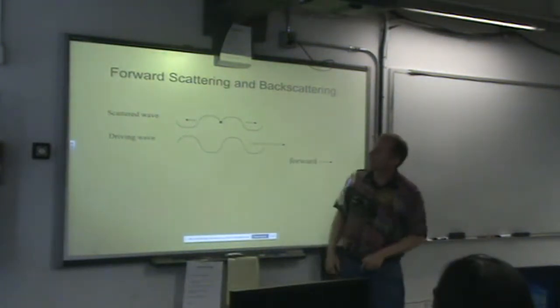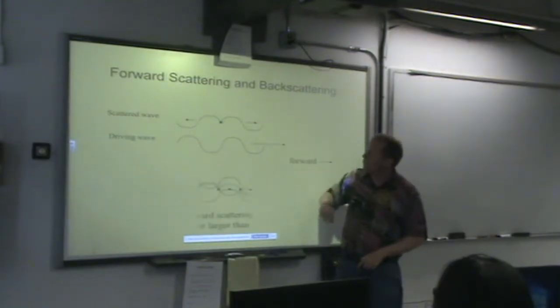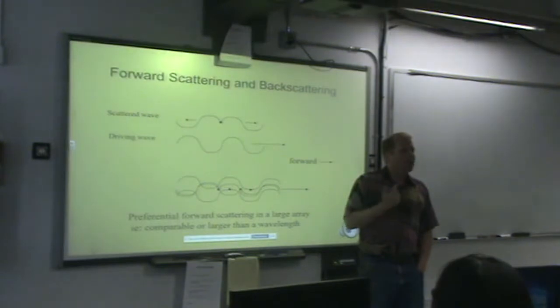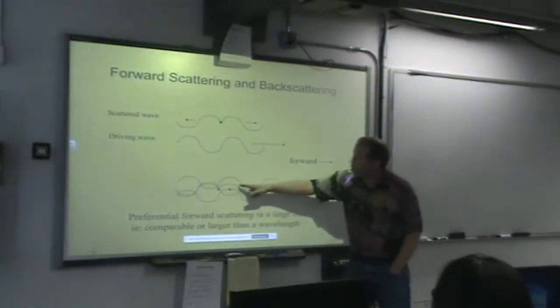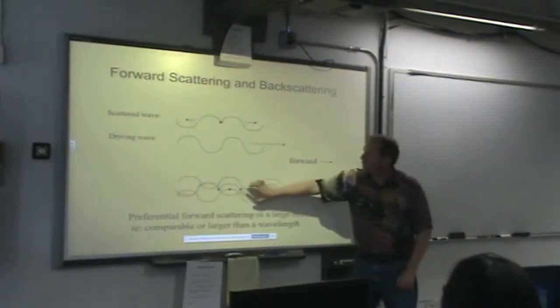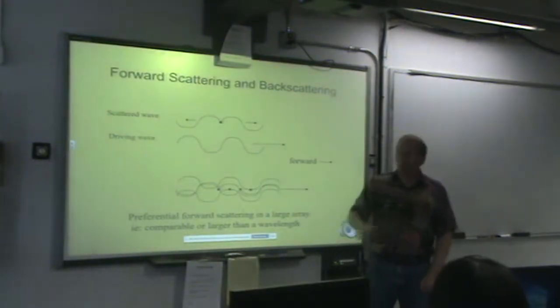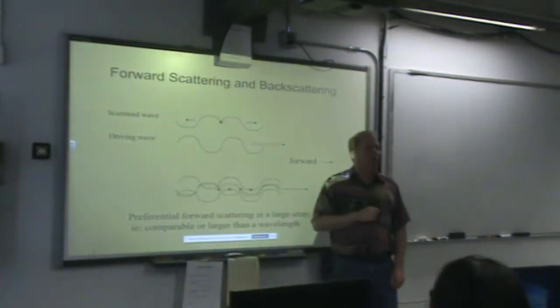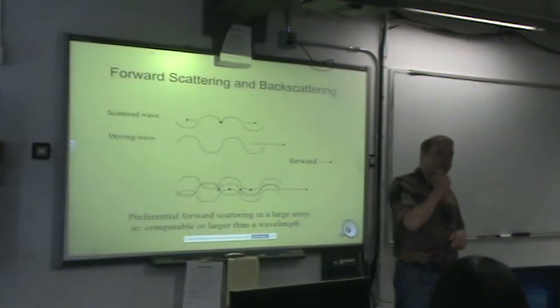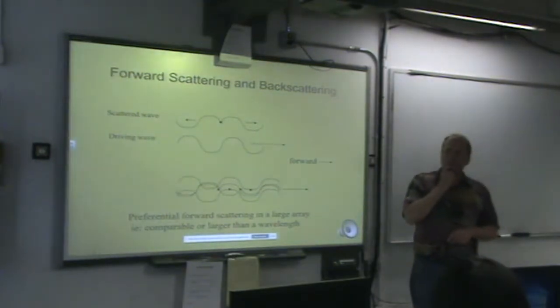Okay, well that's very good and fine, but what if I put a bunch of these guys together? What ends up happening is in the forward direction, all the waves are in phase. You get this nice forward scattering, but what's happening in the backwards direction? They're canceling out. Okay? And you see this in real life.